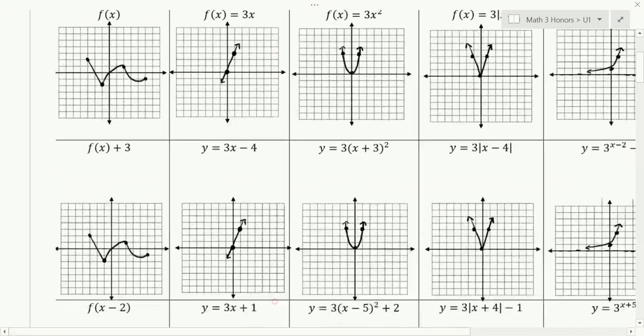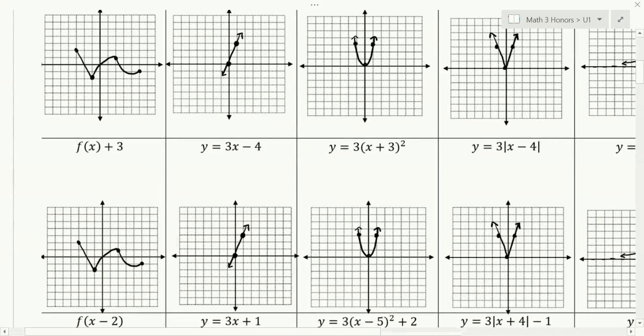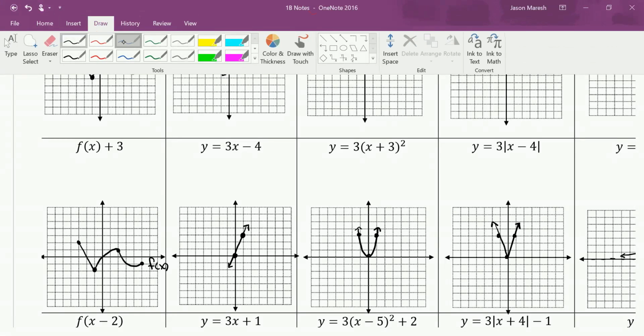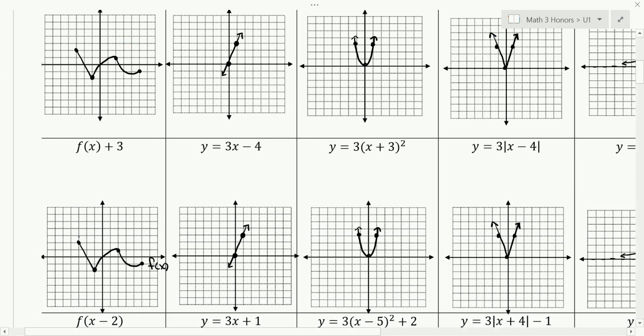As a reference, there are some graphs on here, but those are just copies of the parent graph. So this is not f of x plus 3, this would be f of x right here. It's just to make it easy for you. If I want to draw f of x plus 3, I'm going to take each of these points and move them up 3 units.